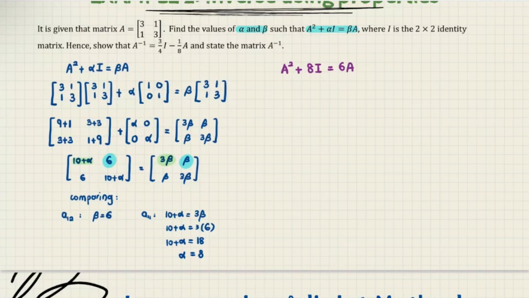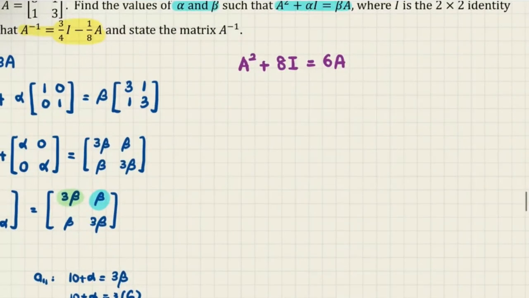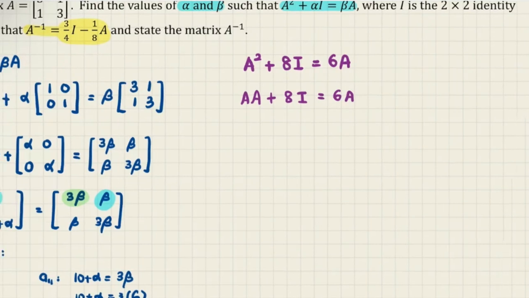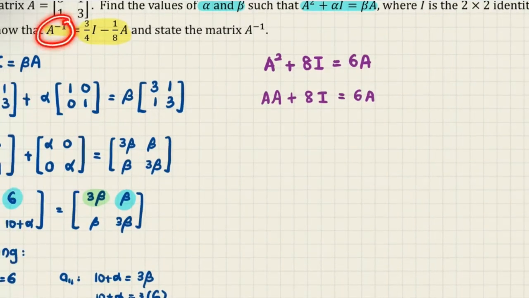Now, let's answer this second part of the question. Hence, show that A inverse is equals to 3 over 4I minus 1 over 8A. Okay, saya end up dapat A squared plus 8I equals to 6A. So A squared, I can rewrite as AA plus 8I equals to 6A. So macam mana nak munculkan A inverse?